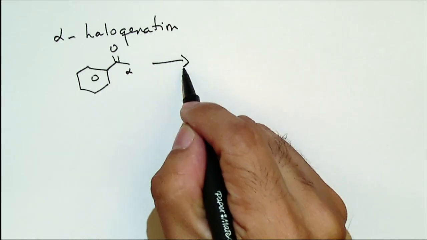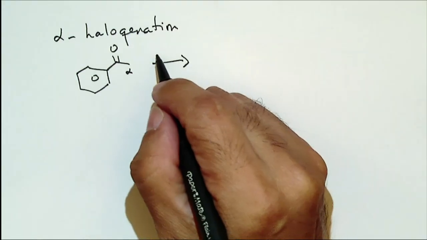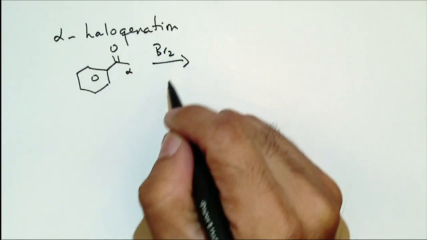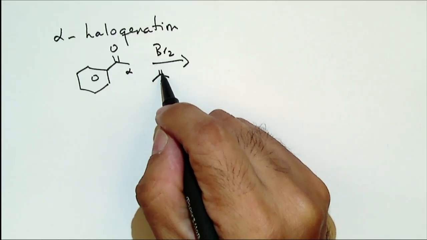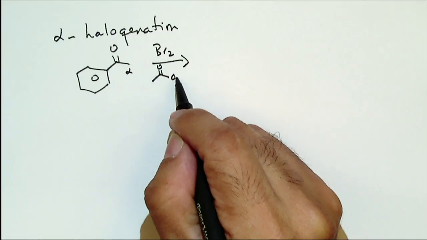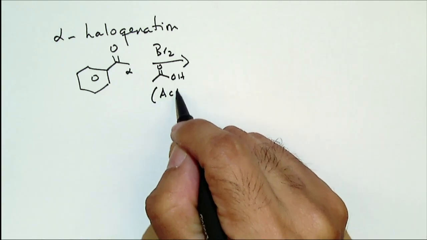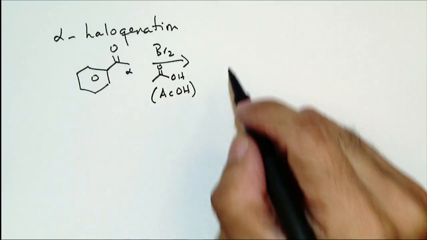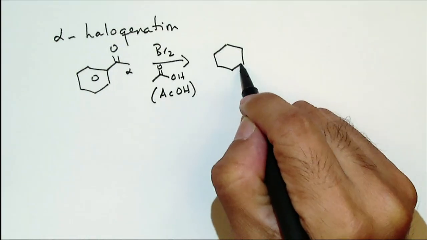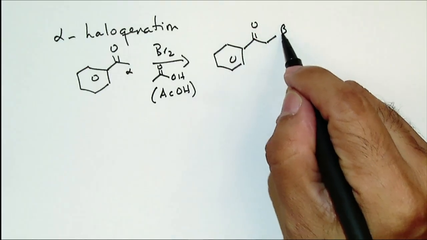If you take any aldehyde or ketone and you treat this with a halogen, so let's say bromine, and an acid, and the usual acid, although not the only acid, is acetic acid, which, by the way, get used to the fact that it's normally going to be abbreviated as AcOH, you're going to end up getting the bromine attached at the alpha position.